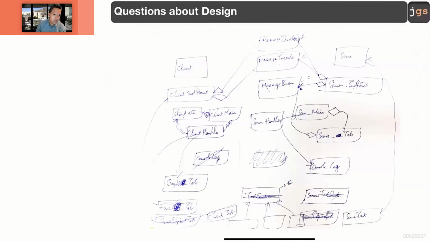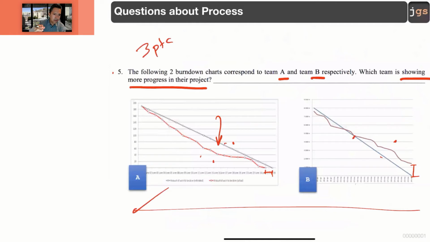Well, going back to this one, the difference in the story points doesn't matter, because remember, these are two teams, and the story points are particular to what the team decides to estimate. The only thing we can compare is this distance here or this distance here.